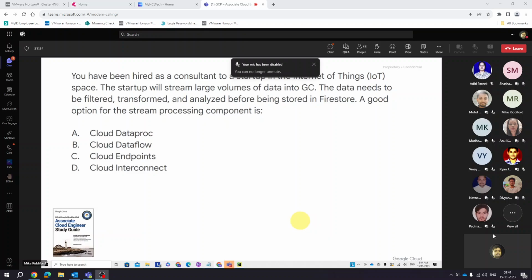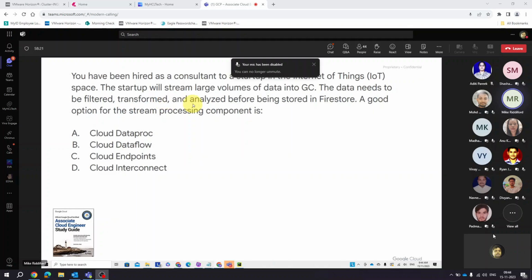So we are streaming in large amounts of data, and we need to filter, transform, and analyze that data before putting it in Firestore. What would be a good option for running the ETL process?